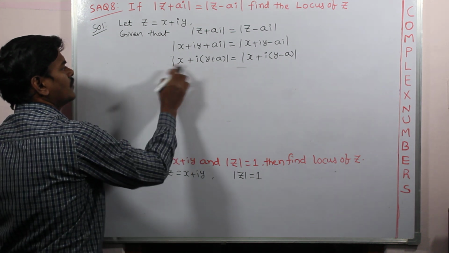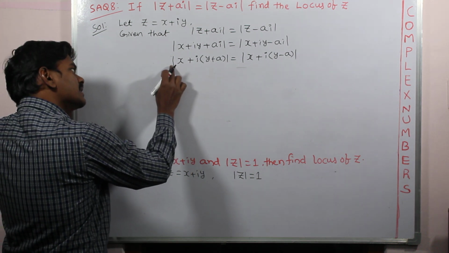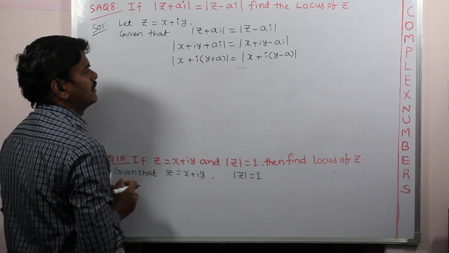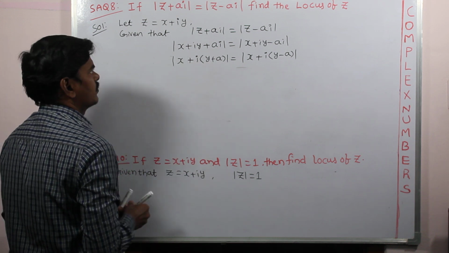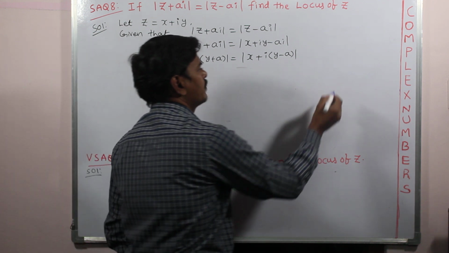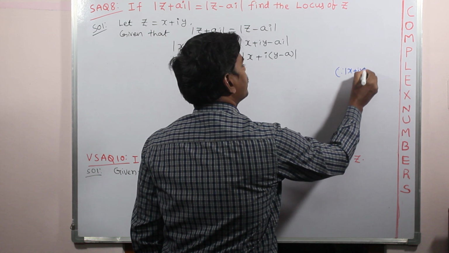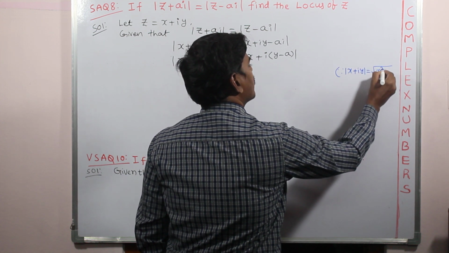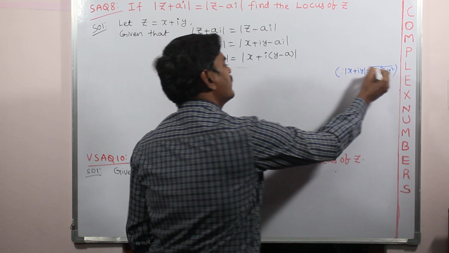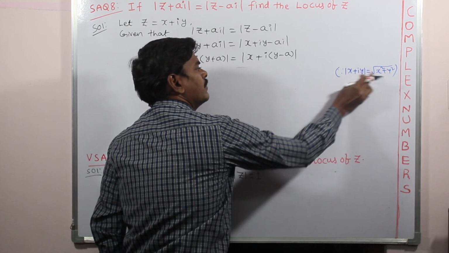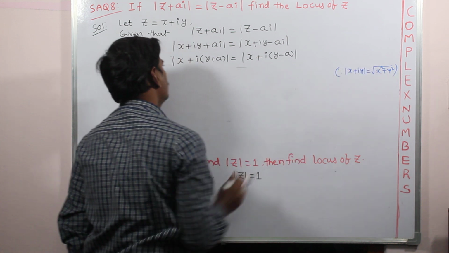Now clearly it's in the form of |x + iy|. Now I can apply the modulus formula from the definition of modulus of a complex number. You know, |x + iy| = root over x squared plus y squared. Do remember this formula: root over real part whole square plus imaginary part whole square.